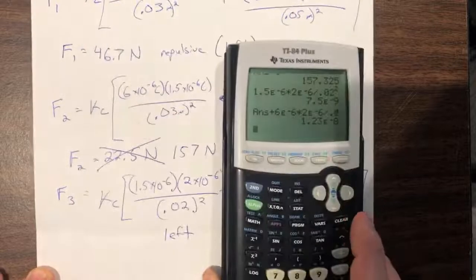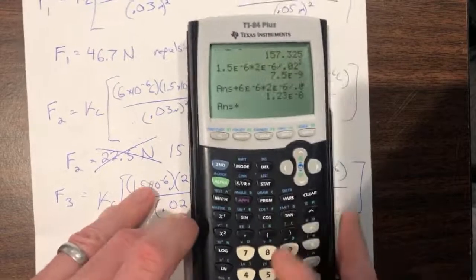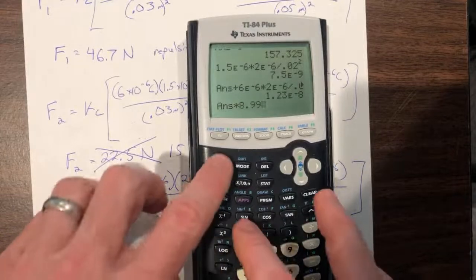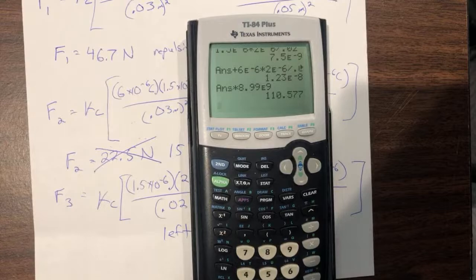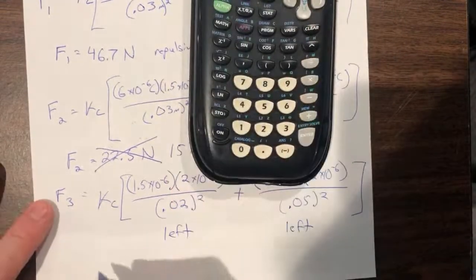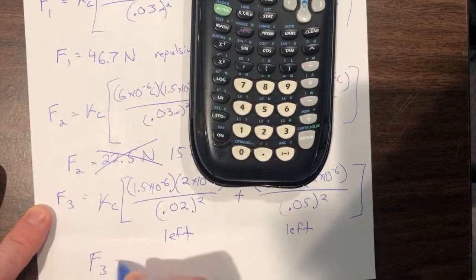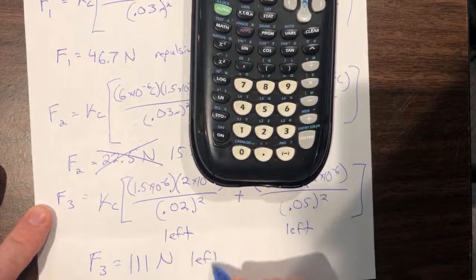All right, and we're going to get this number, multiply that by our constant. Remember, our constant is 8.99 times 10 to the 9th. And that gives 110, rounded up, so 111. And our direction is going to be to the left.